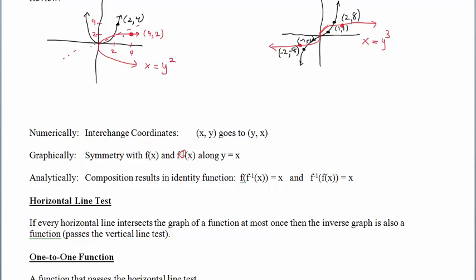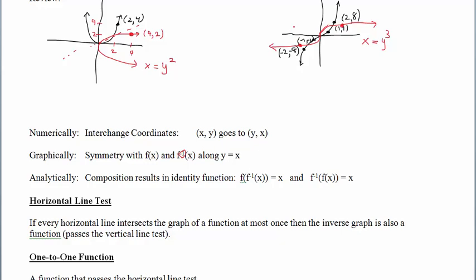Well, the horizontal line test fails. I don't intersect this parabola at most once. And what that's saying is because I don't intersect this in just one point along the whole graph, when I fold along y equals x, the inverse is going to fail the vertical line test.